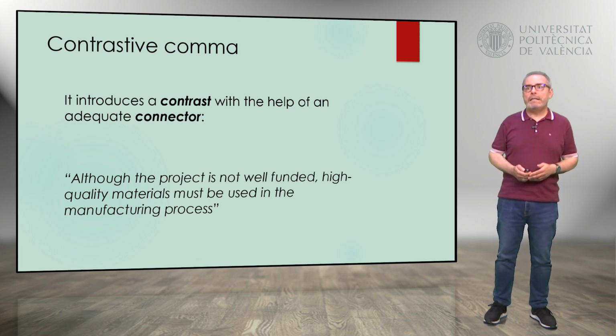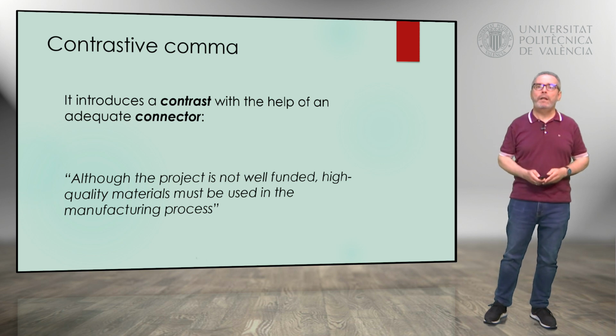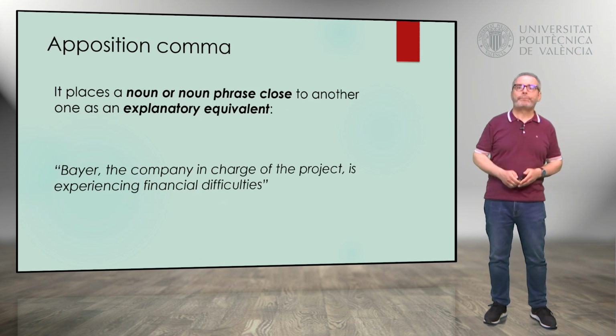Although the project is not well funded, high quality materials must be used in the manufacturing process. Here, the comma helps the linking word or the connector, which is in this case at the beginning of the sentence. But the comma is crucial, fundamental to clarify the idea and the connection between these 2 phrases.